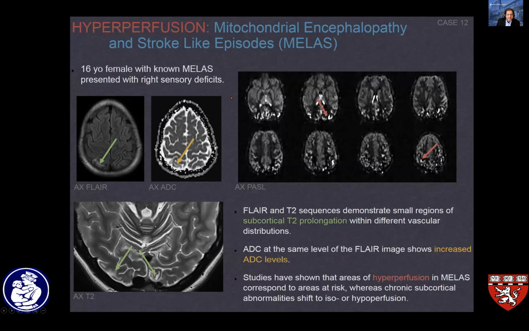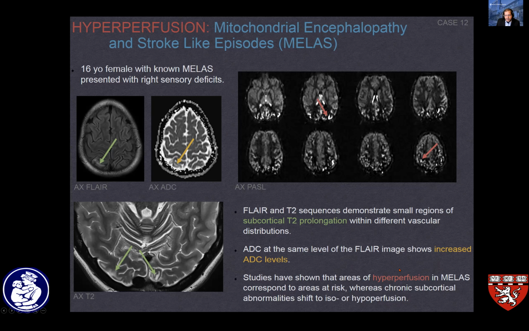There's a patient with MELAS with right-sided sensory deficits, and you can see an area of FLAIR hyperintensity and T2 hyperintensity in the subcortical white matter with different vascular distributions. And then you have these areas of hyperperfusion on ASL. Studies have shown that areas of hyperperfusion in MELAS correspond to areas at risk, whereas the chronic subcortical abnormalities shift towards hypoperfusion.